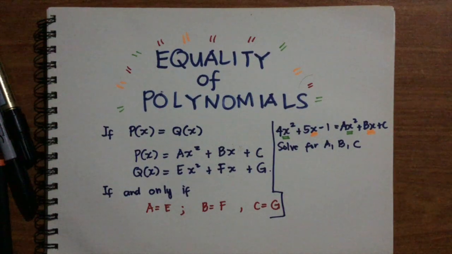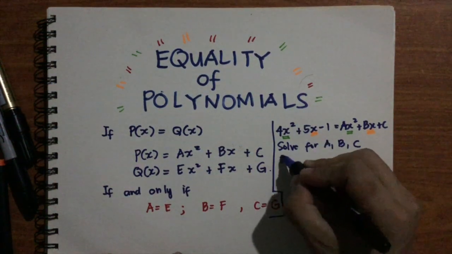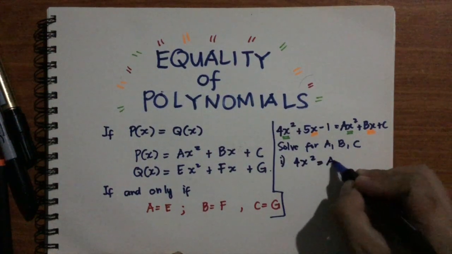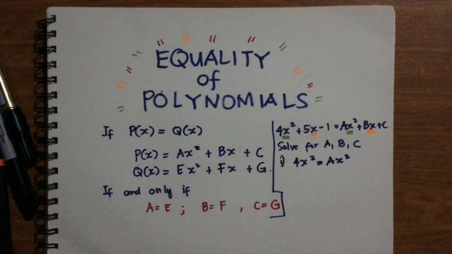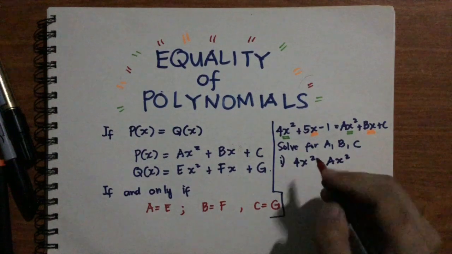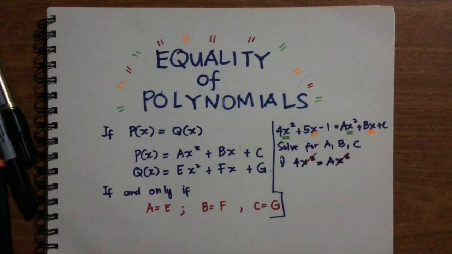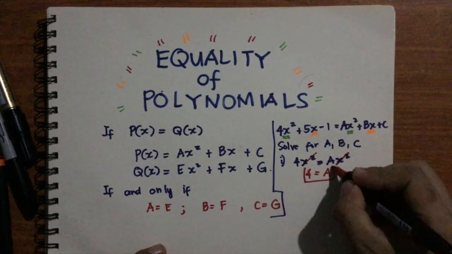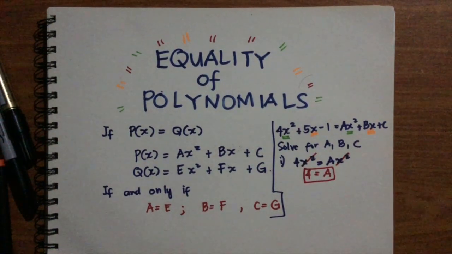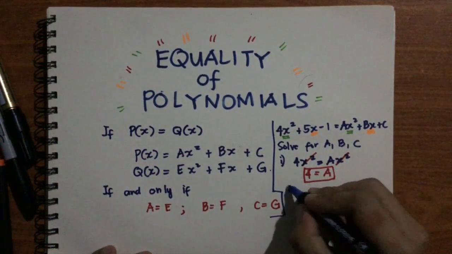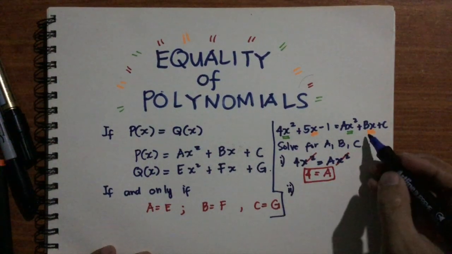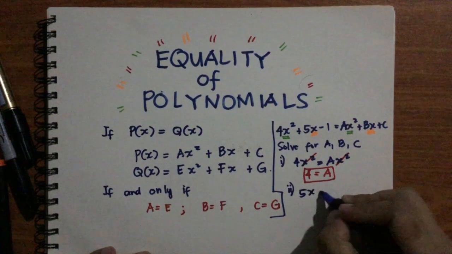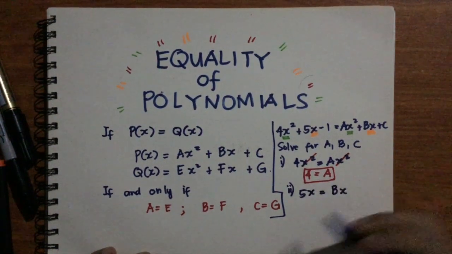and then equate these terms. So I will have first 4x squared is equal to ax squared. I can cancel out x squared and x squared, leaving me a is equal to 4. That's the first one. Now how do you solve for b? For the second variable, all you have to do is to equate 5x equal to bx.